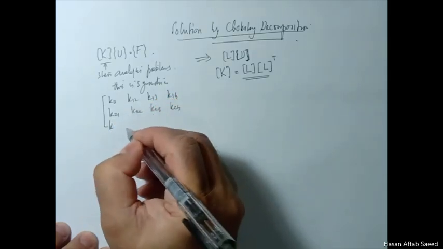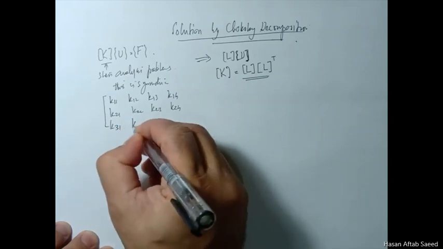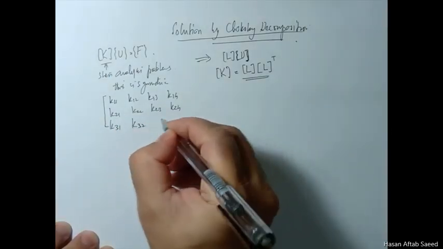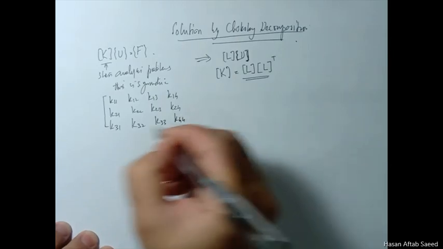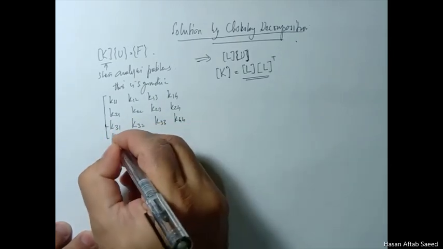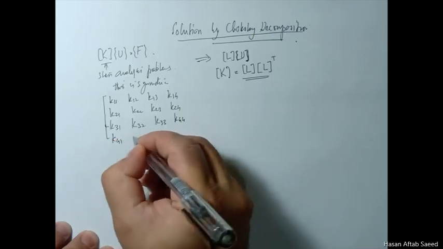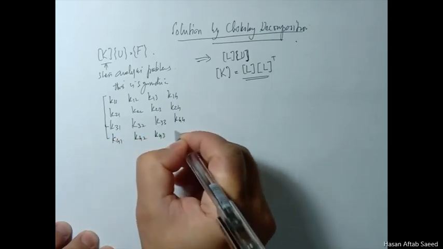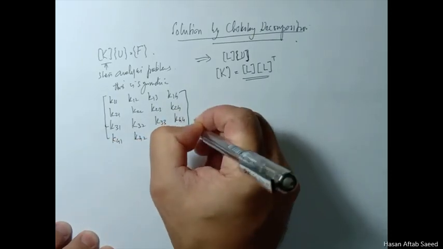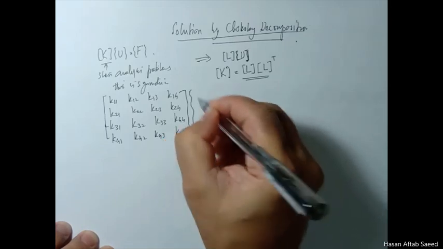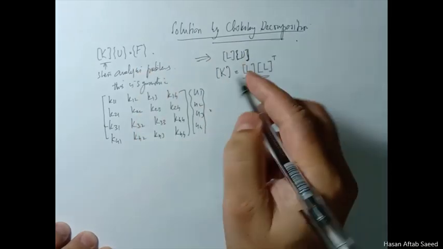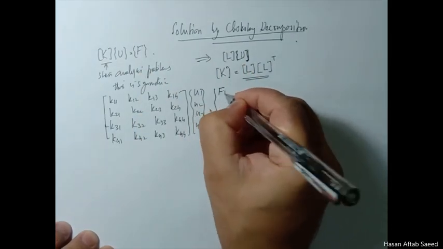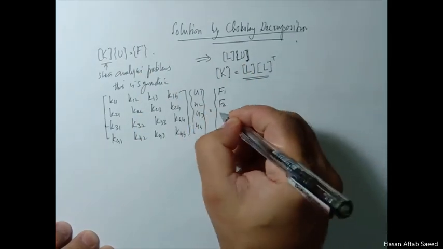I'll just demonstrate the process using a 4x4 matrix, but you can extend that to any size. There's a certain kind of pattern here which is very easily identifiable. So this is your system. You need to calculate the 4 displacement values, and you have four force values here.